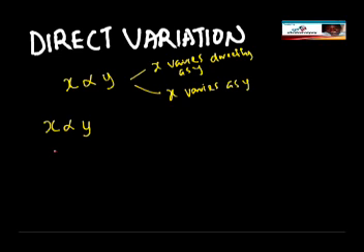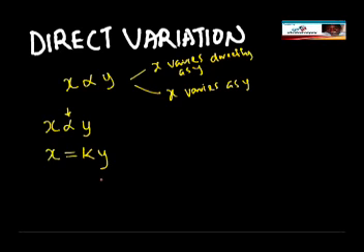If I have to remove it, because we cannot work with this in mathematics, mathematics doesn't understand what the sign of variation is. It has to be an equal to for it to be able to solve questions. So we have to introduce an equal to and introduce a constant as well. So it becomes x is equal to, this is the constant I'm introducing from the variation, k, y, that is x = ky.